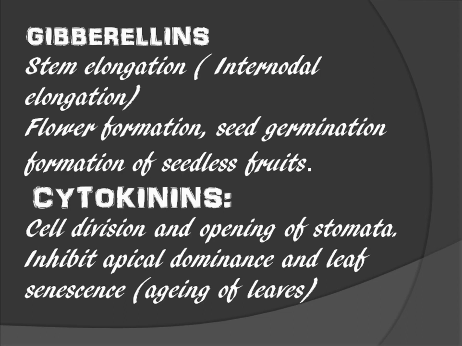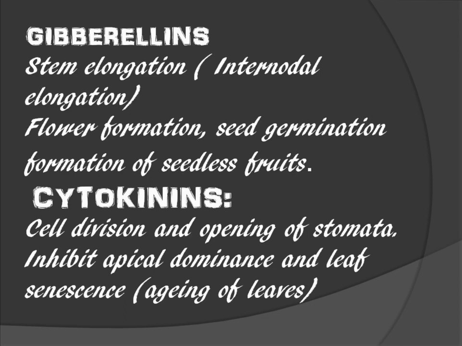The nodal part, the distance between two nodes, gets elongated because of the secretion of gibberellins. And they are also responsible for flower formation, germination of seeds, and also for formation of seedless fruits.